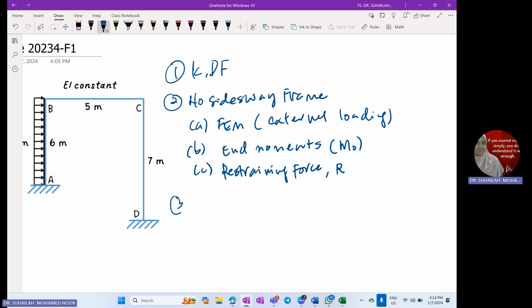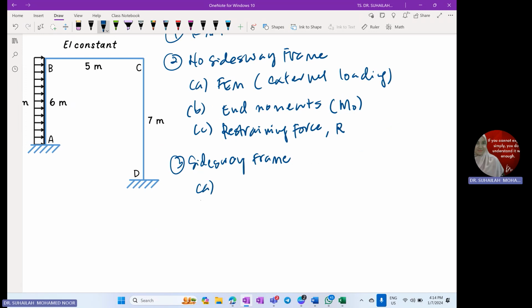Step number 3 is the side sway frame. Again A, B, and C. A is FEM, but this time it is due to side sway, or delta prime. Then the end moment we call M prime, and the restraining force we label as R prime.